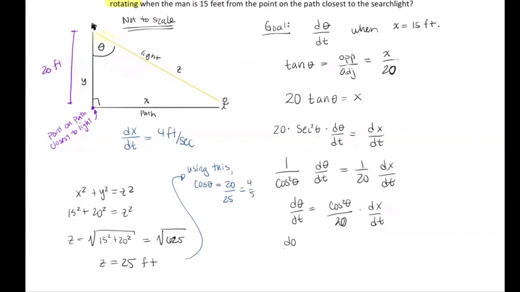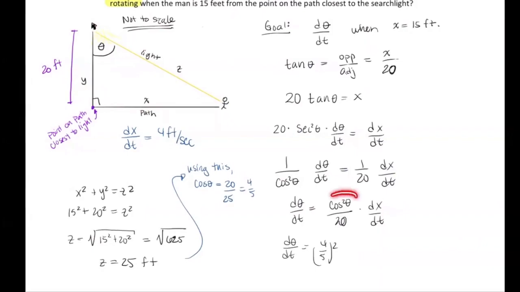Wonderful. So now we can write d theta over dt is equal to 4 over 5 quantity squared. That's because cosine of theta is squared, times 1 over 20 times dx over dt is 4. So we have 4 squared times 4 in our numerator, and in our denominator we have 5 squared times 5 times 4. In case you're wondering where I got these from, 20 is 5 times 4.